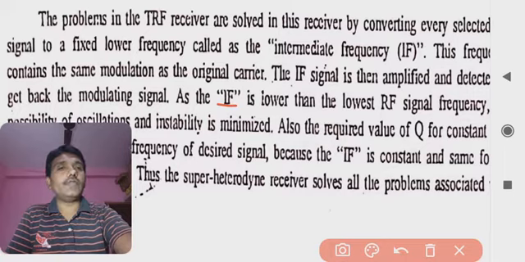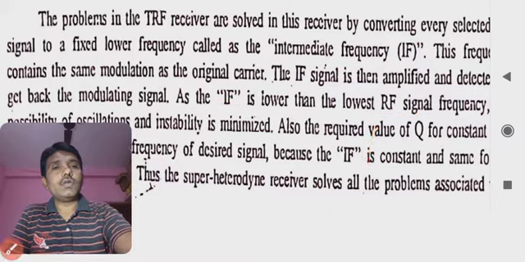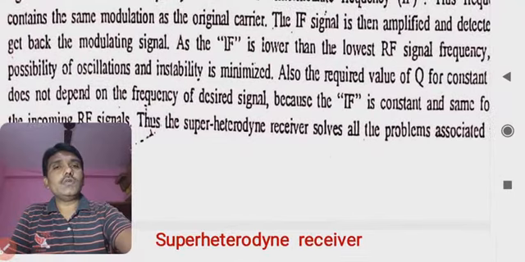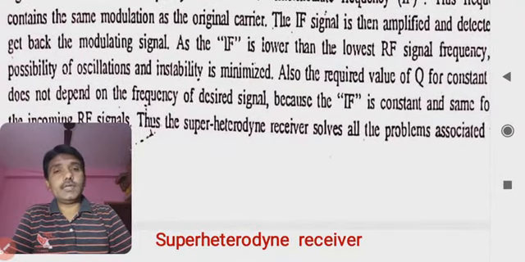The important thing is that the IF, that is intermediate frequency, is lower than the lowest of the RF signal frequency, whatever the receiving signal, and that will somehow recover the problems which the TRF is going to be facing.